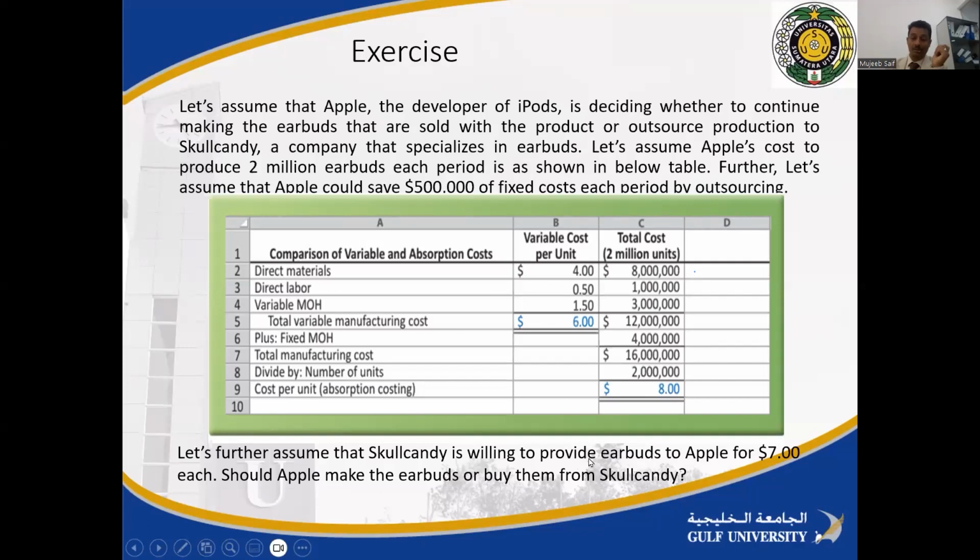When you see this information without any experience in management accounting, the thing you will observe is: okay, if we continue to produce this product in our organization, it will cost us $8.